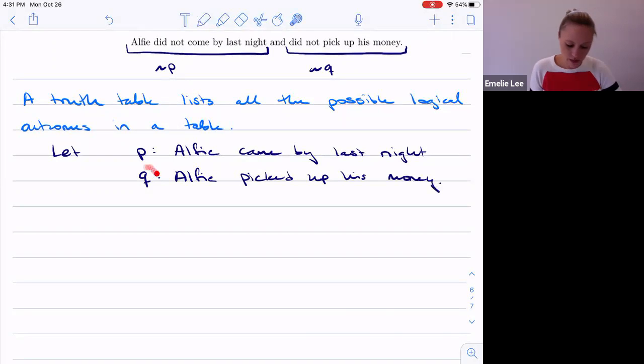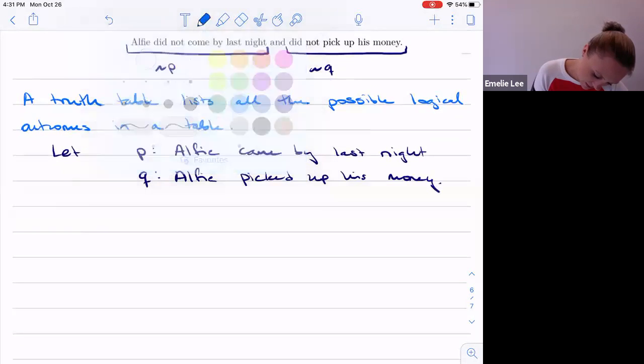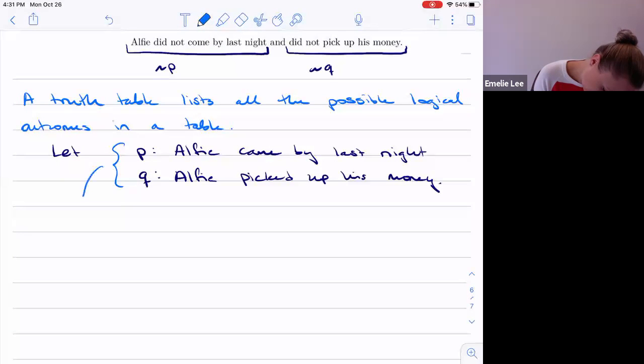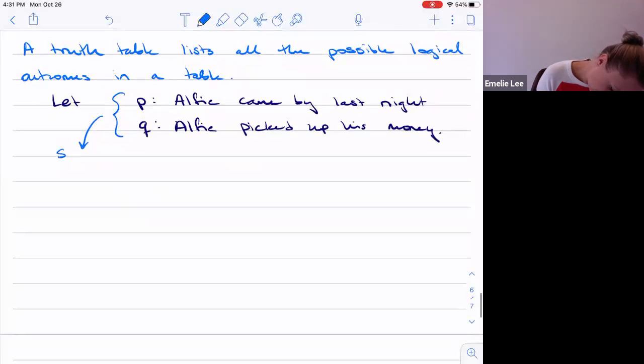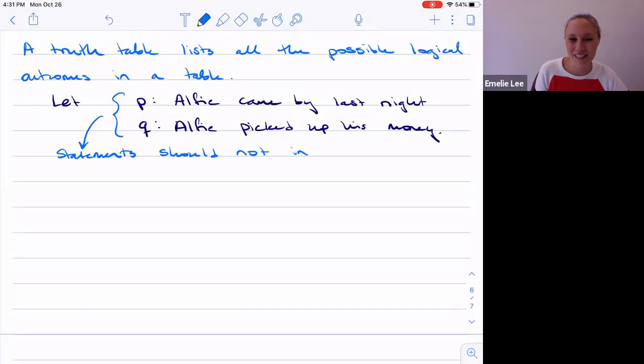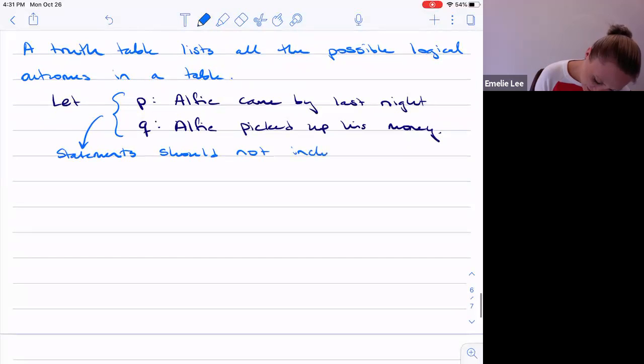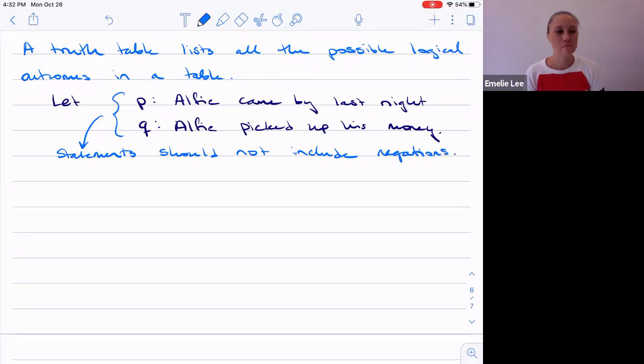Right? Notice that my statements are not going to have any sort of negations. So here, statements should not include, pun intended, not include negations. Okay.